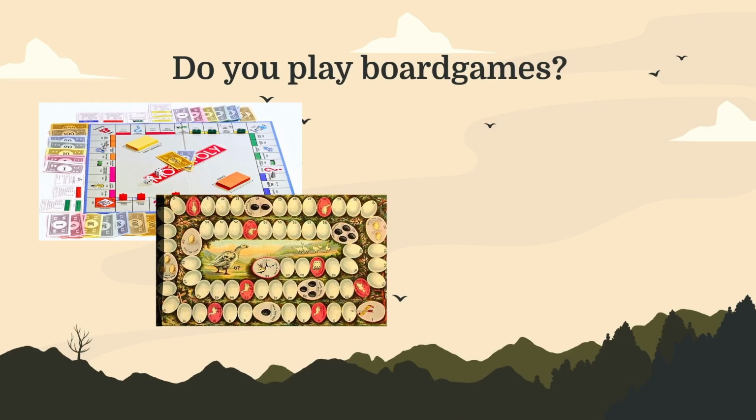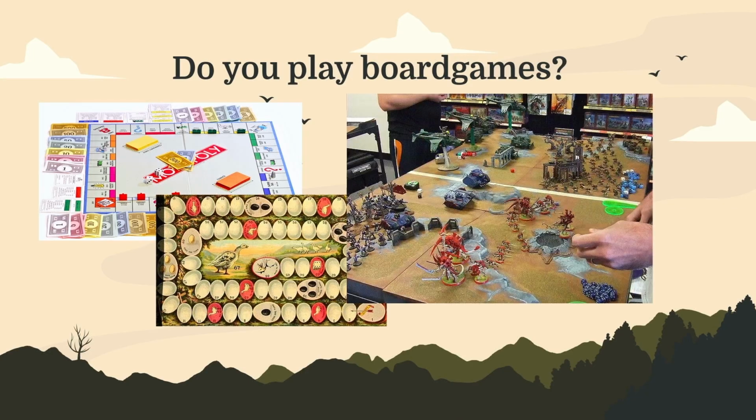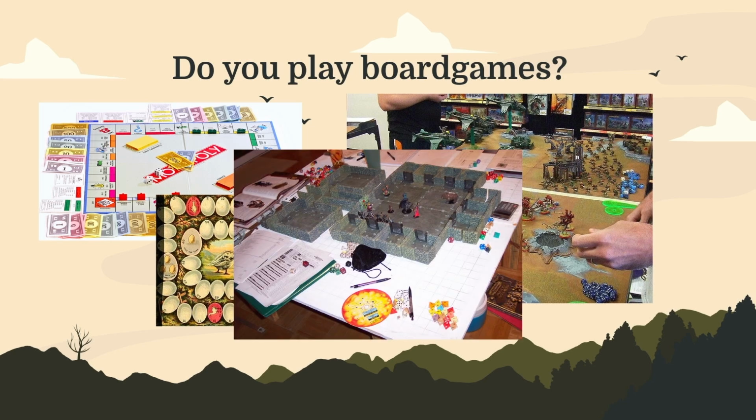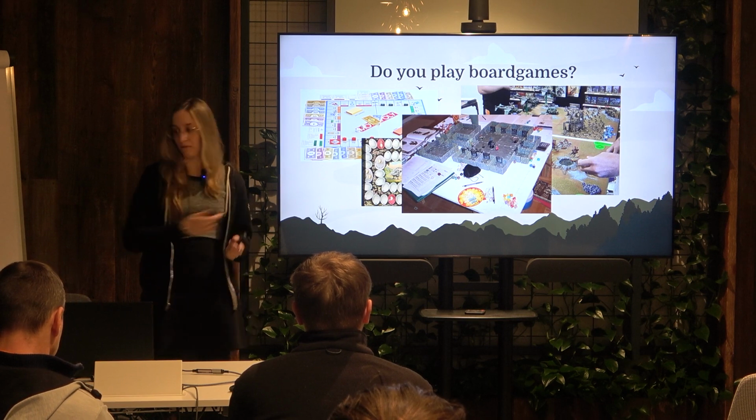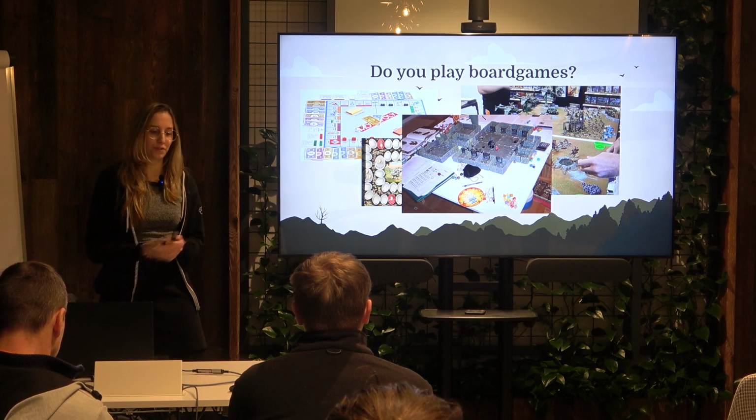Now we're going to talk about the more complex ones, like Warhammer or Dungeons and Dragons, which you cannot even hope of setting up in 5 minutes with friends, because the instruction manuals are actually like several thick books that you can fill all your shelves with.